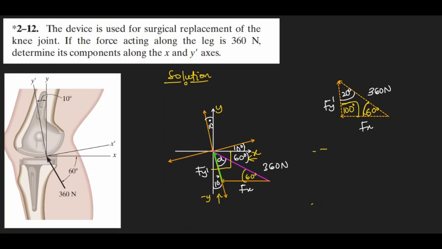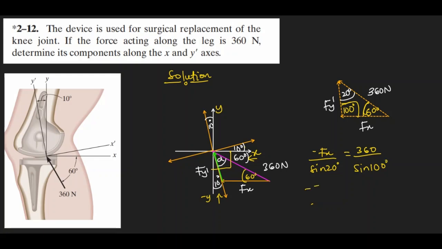So we're going to have minus Fx over the sine of the angle opposite to it, which is 20 degrees, equal to, let's use the 360 Newton force, 360 Newton divided by sine of the angle opposite to it, which is 100 degrees.